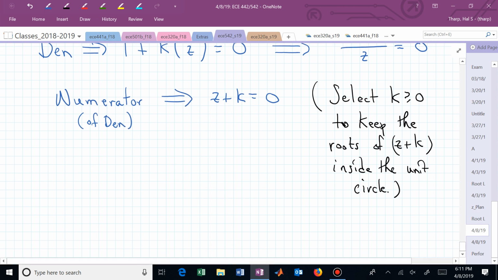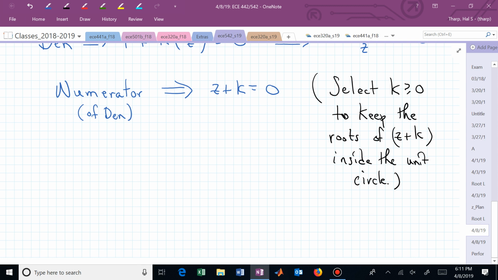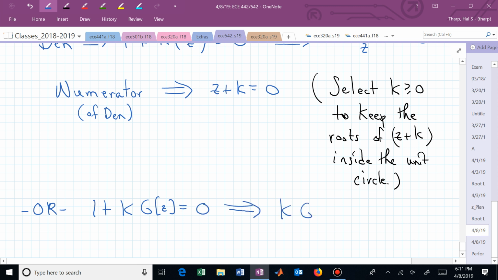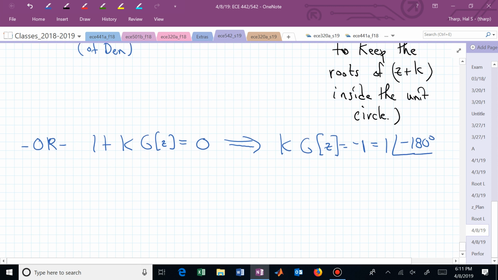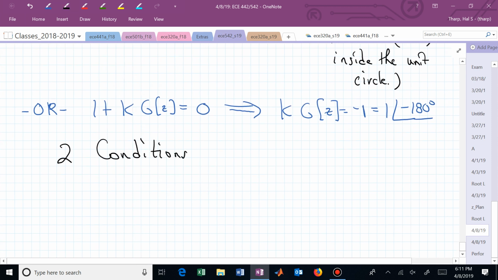Or if that was not very clear from that first order polynomial, you could say, you're now looking at 1 plus K G of z equaling 0, which now says that K G of z is minus 1, which is 1 at minus 180 degrees. Or we now have two conditions that need to be satisfied relative to the root locus and stability.